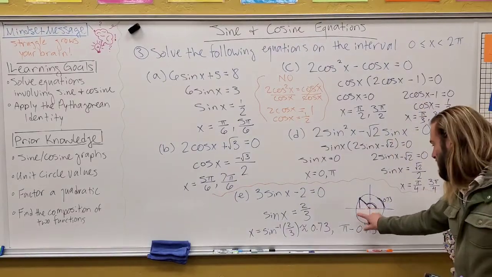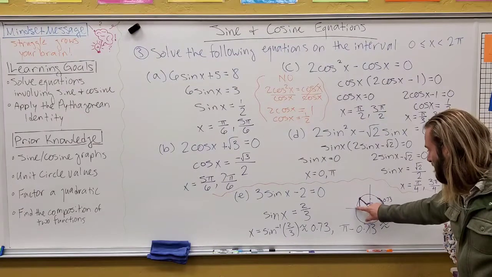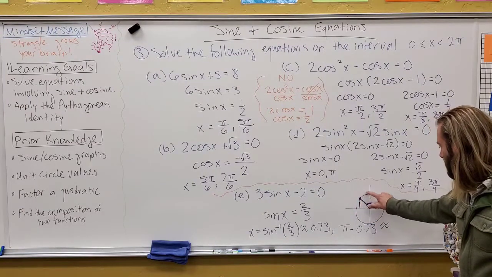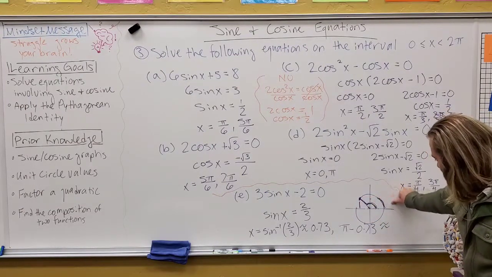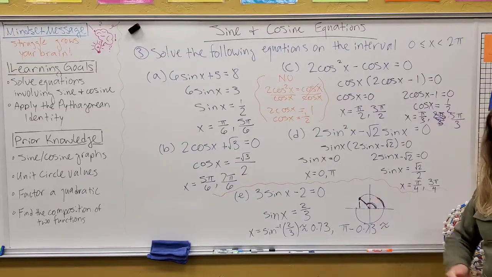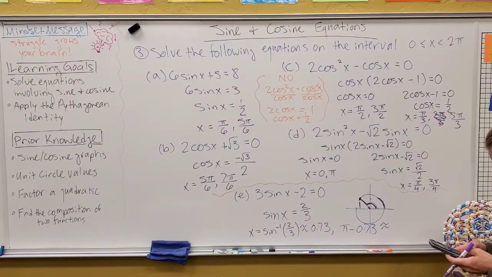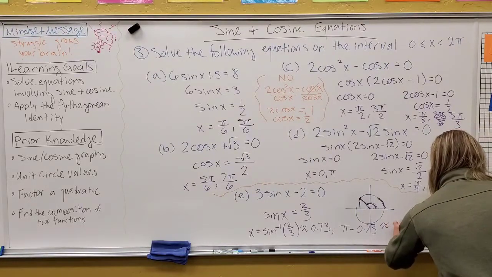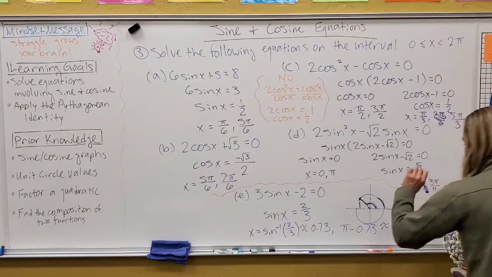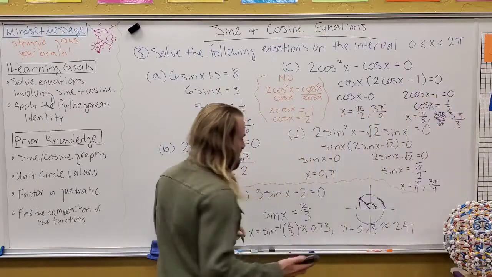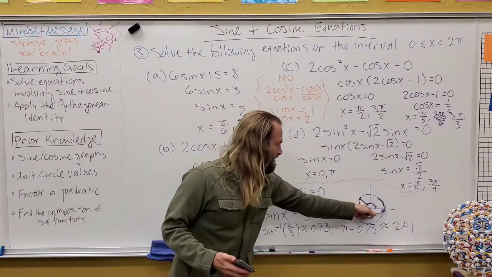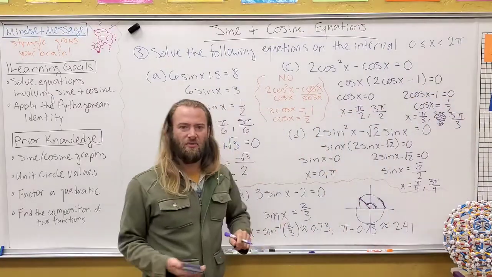Again, if I just subtract pi minus this piece, it'll get me that other arc that I want to know the length of for the solution. So I'm going to take my answer that I just got and do pi minus that answer, and it's about 2.41. And that looks like it makes sense, because if the whole thing is pi, 2.41 looks about right.